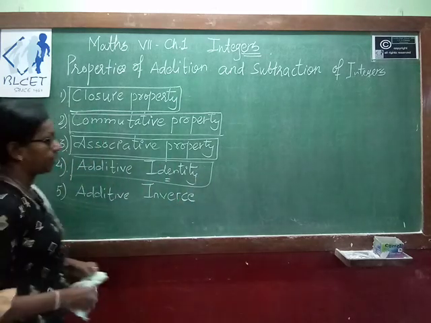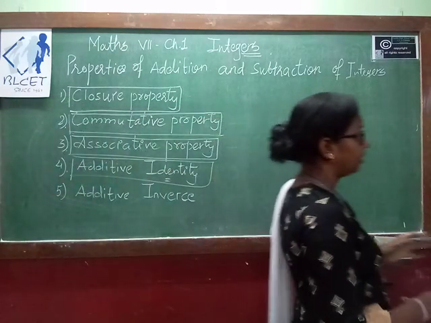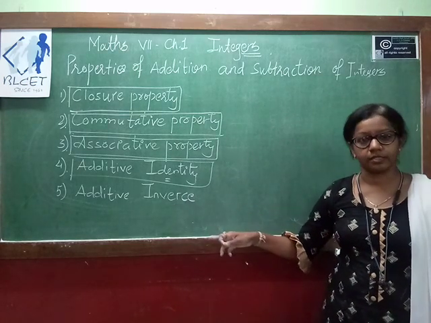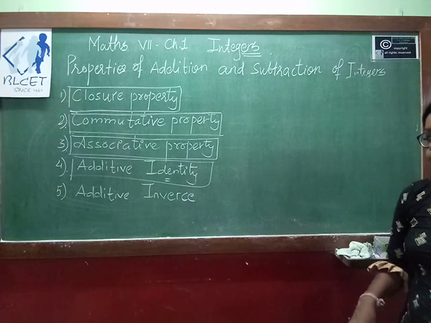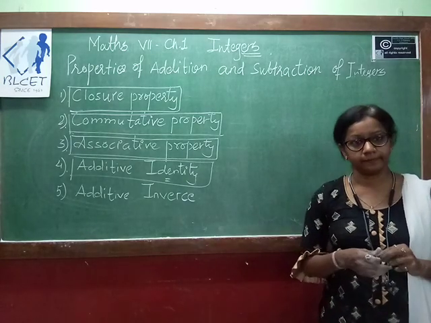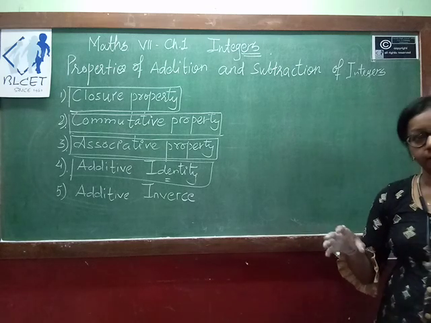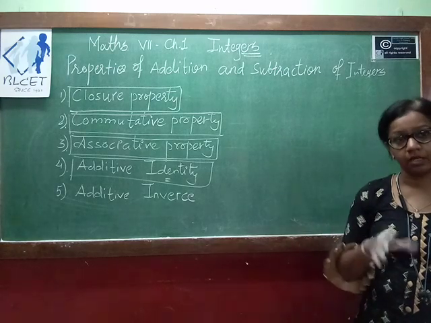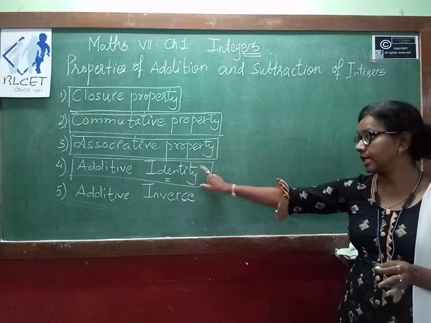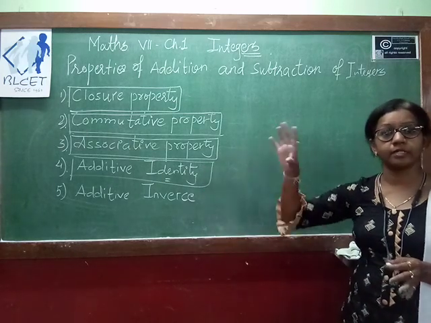Now the last property, which is not given in your textbook but is very useful: the additive inverse. In 8th standard it is there, but get some idea about it. Inverse means what? When you add something to a number or subtract from the number, the answer is always the additive identity, meaning the answer is always 0.